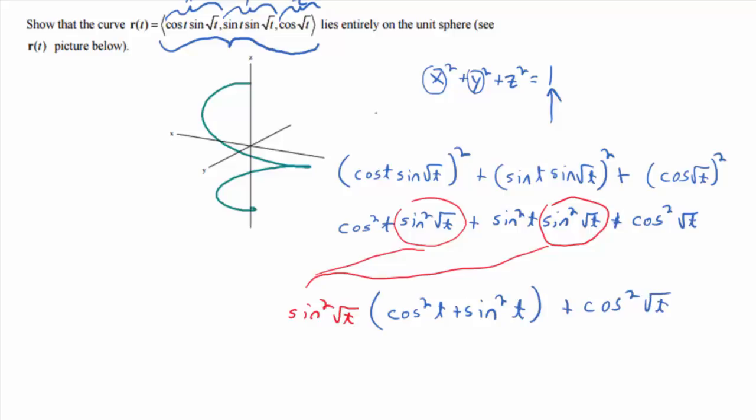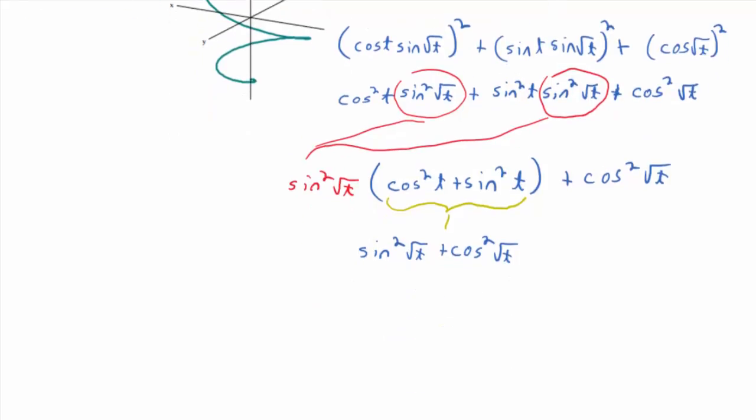But this part is equal to 1. And so we're left with just sine squared root t plus cosine squared root t. And it's the same identity all over again: cosine squared plus sine squared equals 1. And so in the next step, I'll just say that we get the 1 there, which is what we're after.